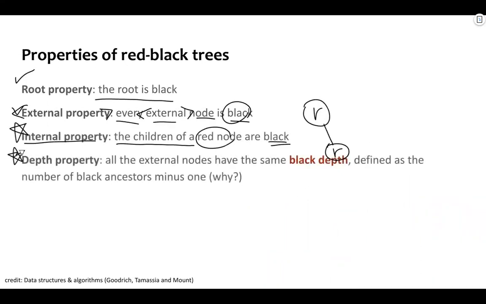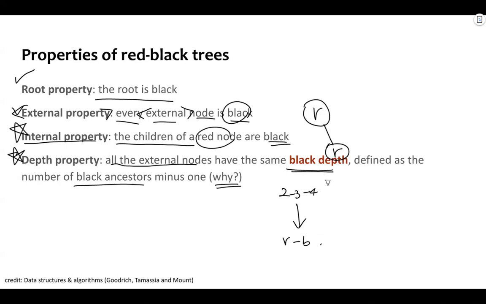And the depth property, this is also very important. All the external nodes have the same black depth, defined as the number of black ancestors to the top. So why? Because we converted 2, 3, 4 nodes into red-black trees.